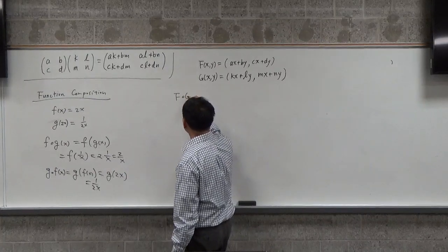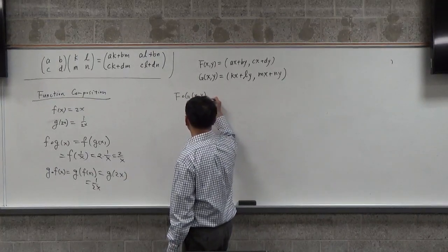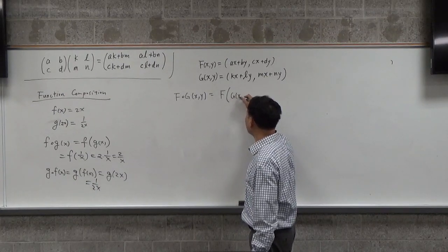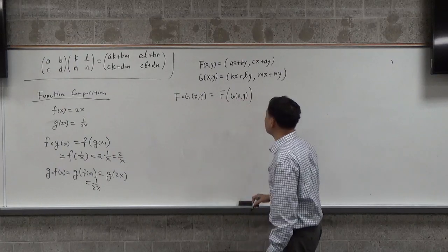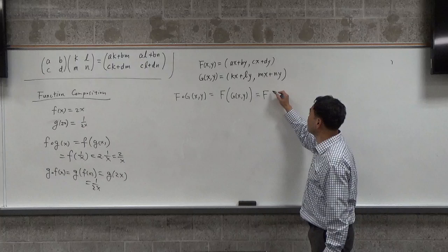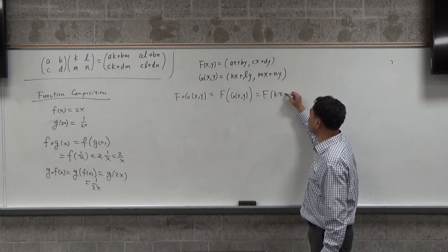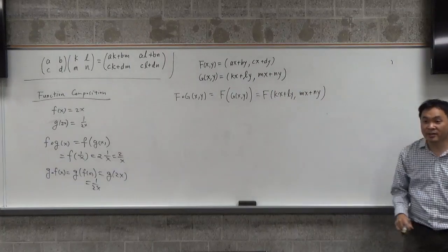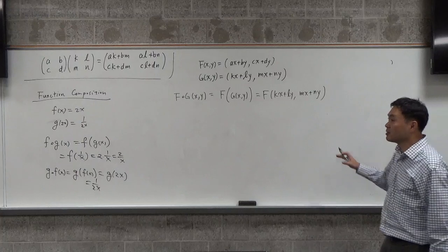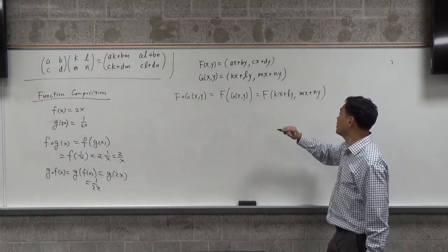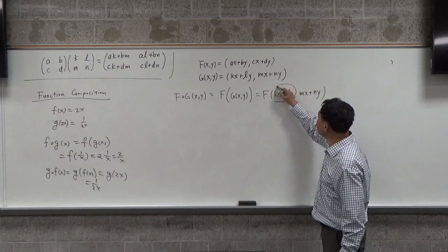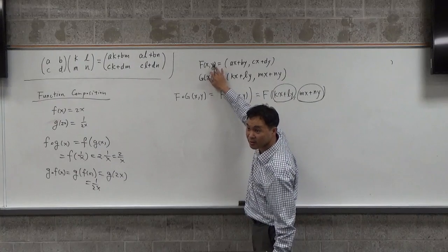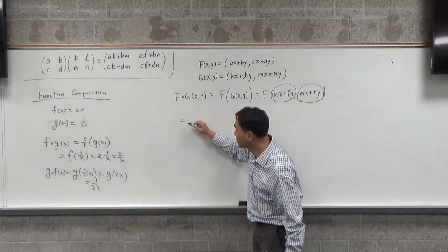F composed with g of xy. What's that? Well, that's like f applied to g of xy. And I know what g of xy is. That's kx plus ly, mx plus ny. Right? Okay. Now what do we do? Now this goes into x, right? And this thing goes into y. So let's do this carefully.